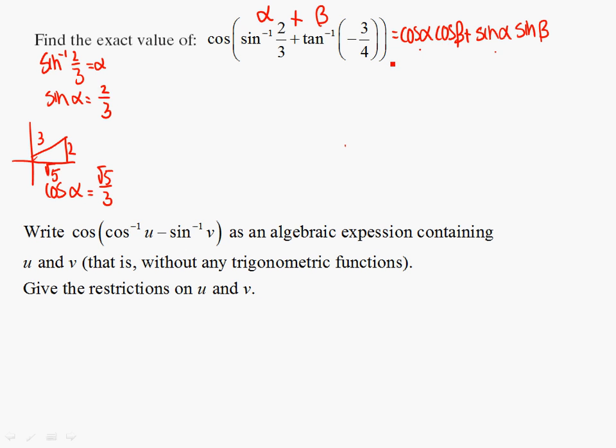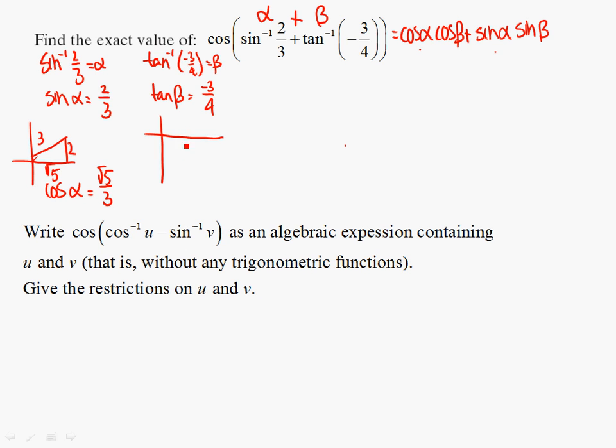Now I need to work on beta. Well, beta is a tangent. It just means that I have to find both of them. But if this is a negative 3 over 4, and if that's beta, then the tangent of beta is a negative 3 over 4. In what quadrant do you have to be there? You are in quadrant 4, because the inverse tangent runs from negative pi over 2 to pi over 2.